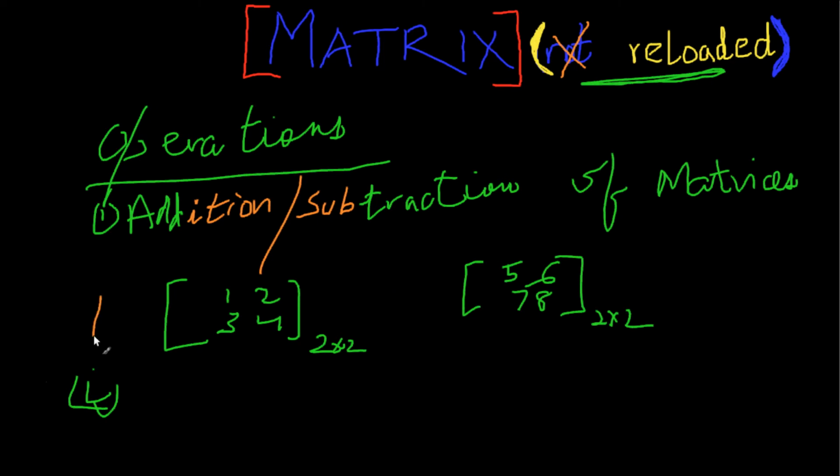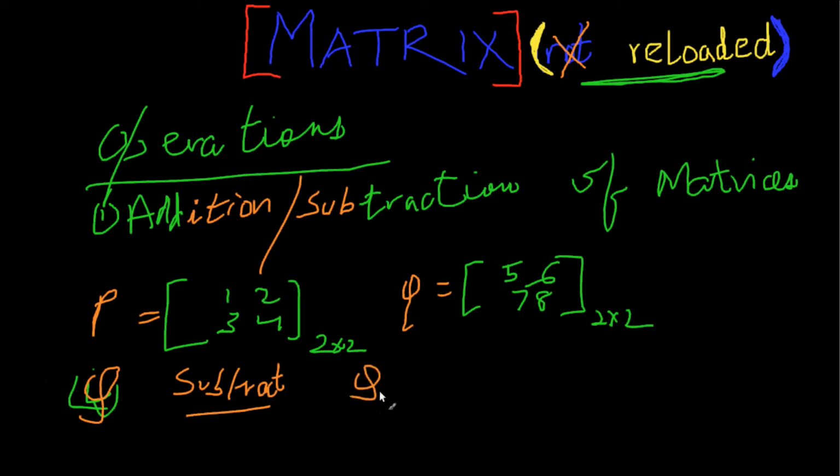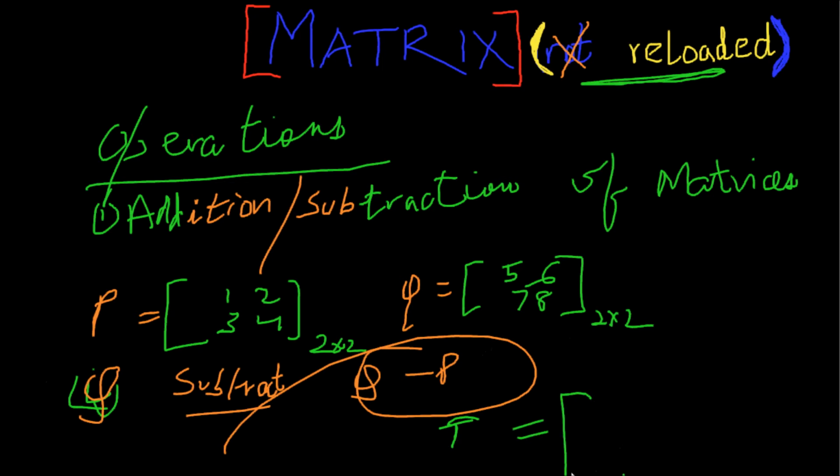Question: subtract, find Q minus P. Answer: let the matrix be T, so T equals Q minus P. Again, it's possible, since both addition and subtraction are only possible if the orders are the same. So I find Q minus P: 5 minus 1 is 4, 6 minus 2 is 4, 7 minus 3 is 4, 8 minus 4 is 4.